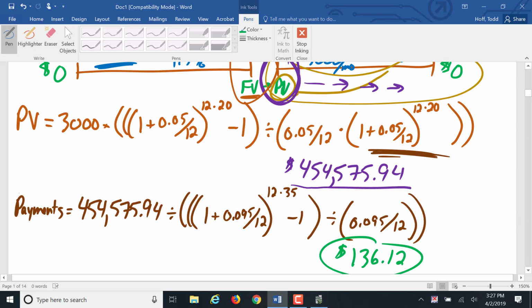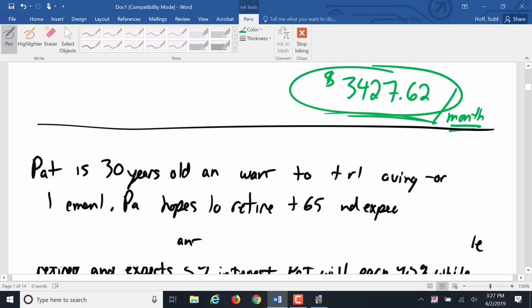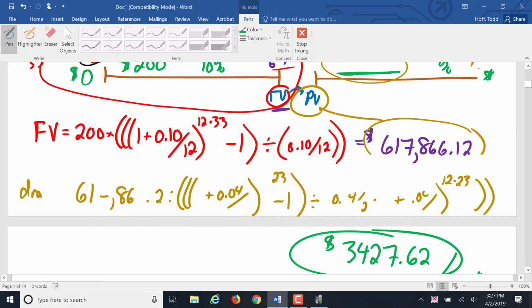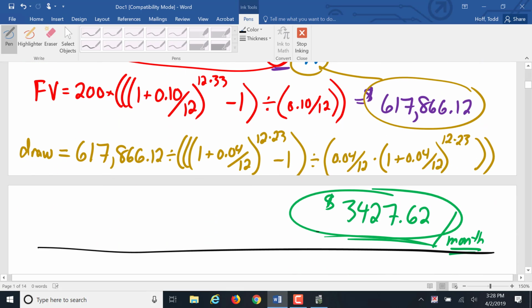So that's how these problems work if we need to put them back to back, looking at what we're capable of. In the first problem, we were looking at what we were capable of doing now. In this case, Sam was capable of putting away $200 a month at 10% for that period of time, and looking to calculate what that will give us in retirement, finding that would give a potential payment of $3,427.62 in retirement.